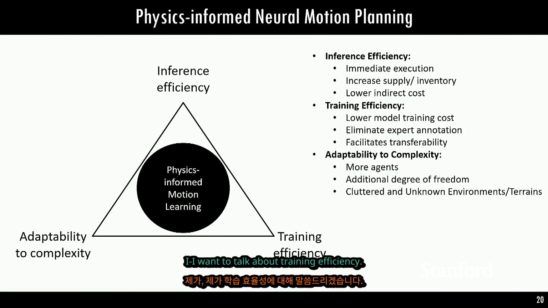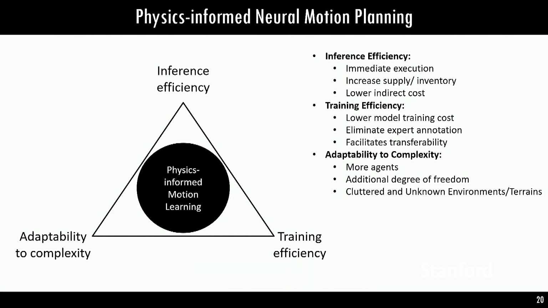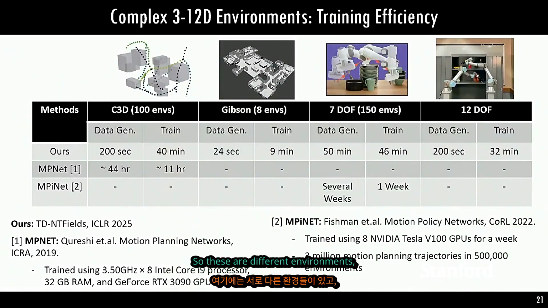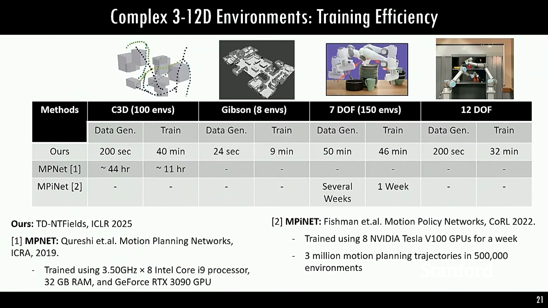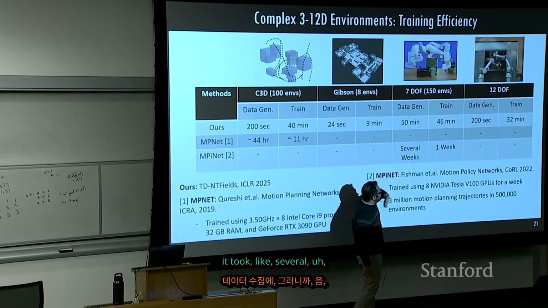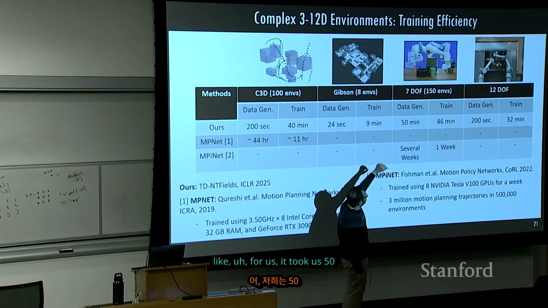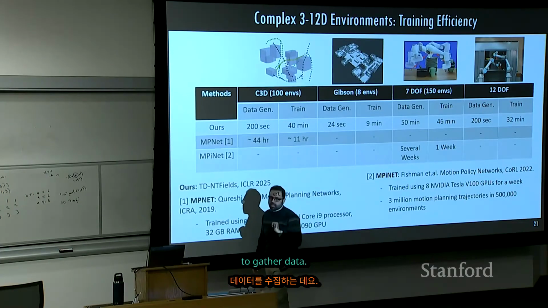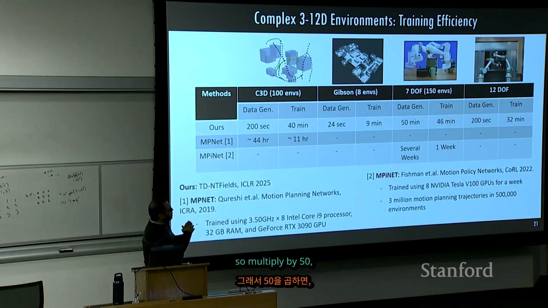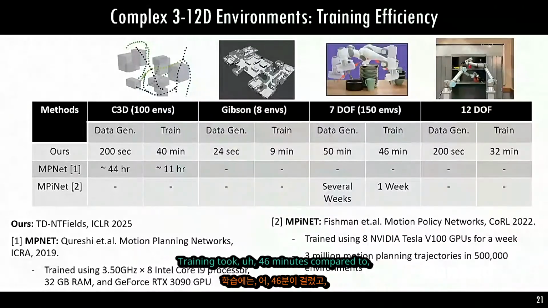Now my favorite slide, I want to talk about training efficiency. So these are different environments. If you just pick this 7 DOF environment, it took us 50 minutes to gather data. Per environment it was taking a few seconds, so multiplied by 50, it took us about 50 minutes. Training took 46 minutes, and we compared it with MPiNet.